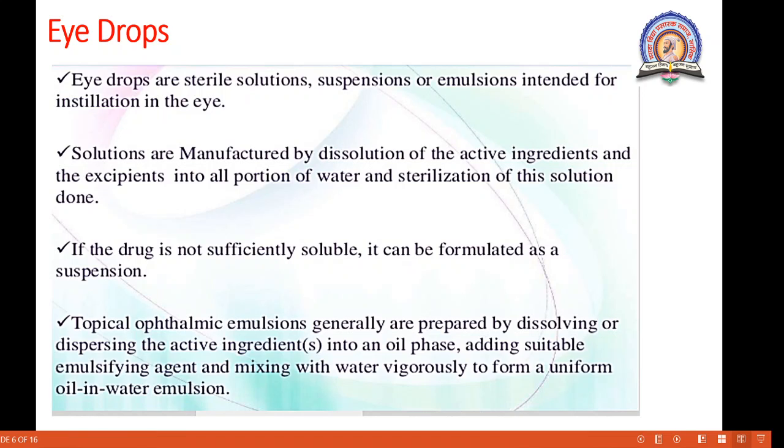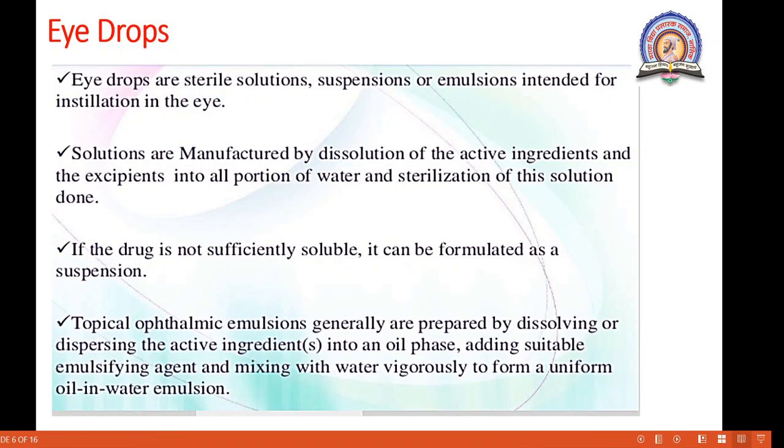Eye drops are sterile solution or suspension or emulsion intended for instillation in the eye. Solutions are manufactured by dissolution of active ingredients and the excipients into a portion of water, and sterilization of this solution is done.